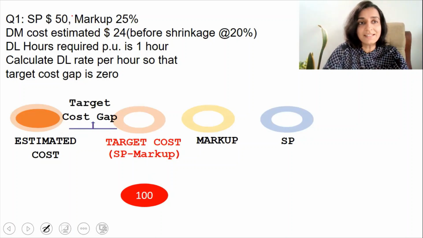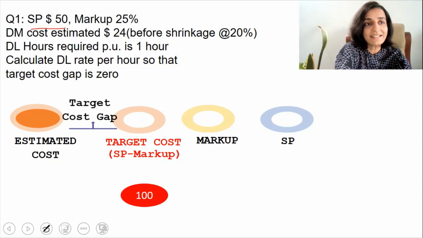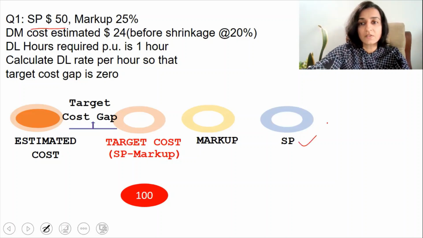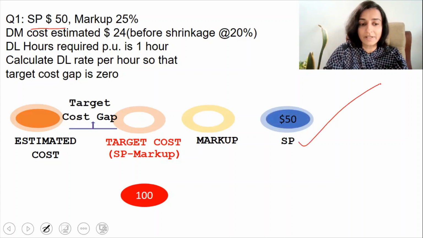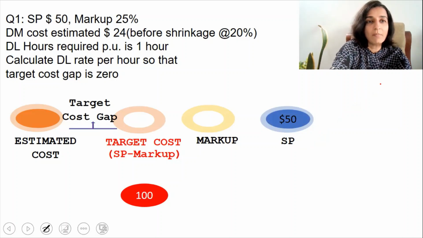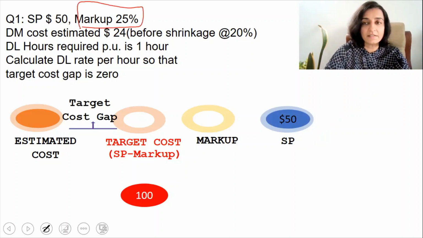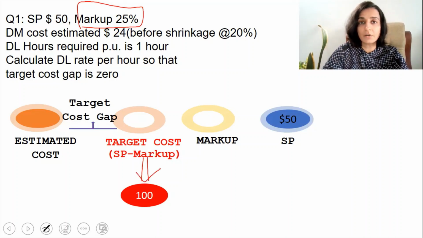So now we will get to the details of the question. The first detail is selling price is $50. So against selling price, we will write $50 and markup is 25%. Now, we have equated the target cost to $100. So if the target cost is $100 and if we want to make a markup of 25%, markup is always calculated on cost.